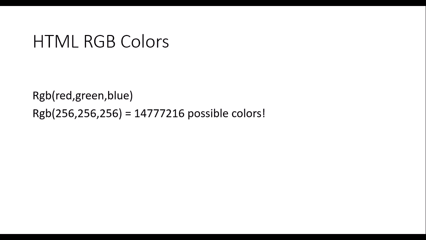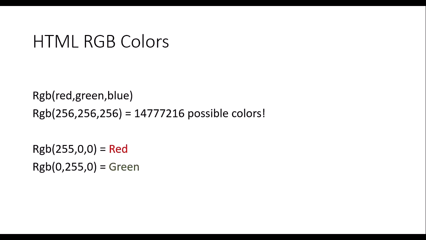This means that there are 256 possible values, as you can see on the screen. For example, RGB 255, 0, 0 is displayed as red because red is set to its highest value, which is 255, and the two others, green and blue, are set to 0.